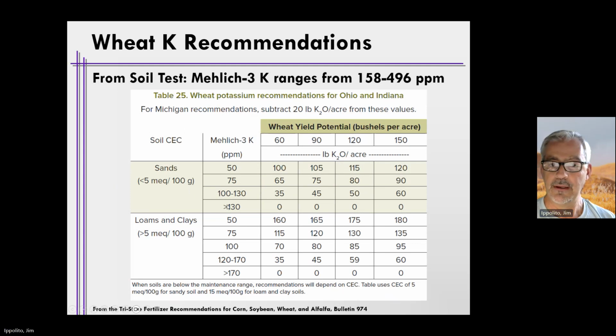At 130 parts per million or greater, we don't need any potassium in coarse textured soils. And at the low end, 158 parts per million of potassium, we would need some potassium for these finer textured soils. And I guess I should mention that we have quite a bit of potassium in some of our soils here in Ohio. I mean, the high end is 496 parts per million, so we're way off the chart.